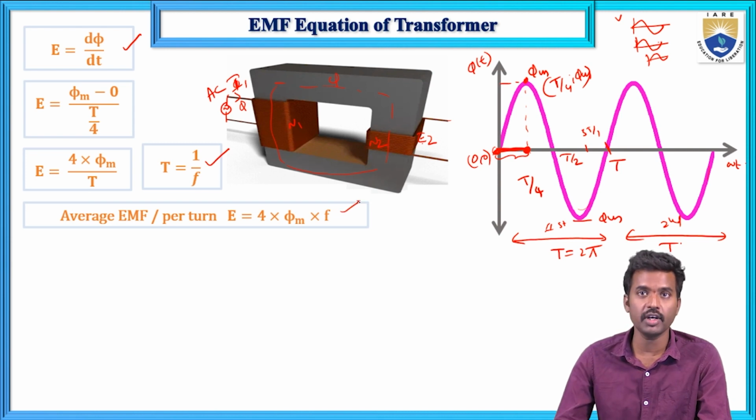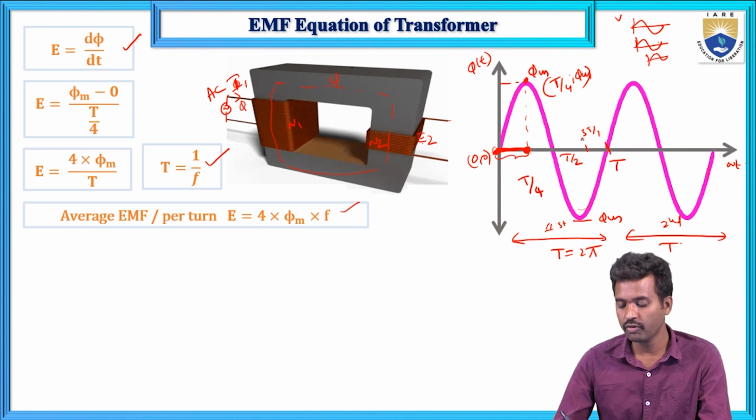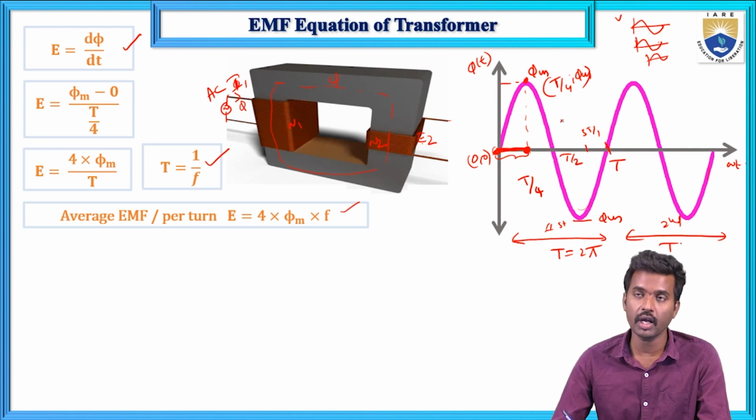Average EMF is different from RMS EMF. You can calculate the average EMF and RMS EMF for a sinusoidal waveform. Already we discussed the average value, RMS value, form factor and peak factor for different AC waveforms in the first module. I already explained that with different types of waveforms.